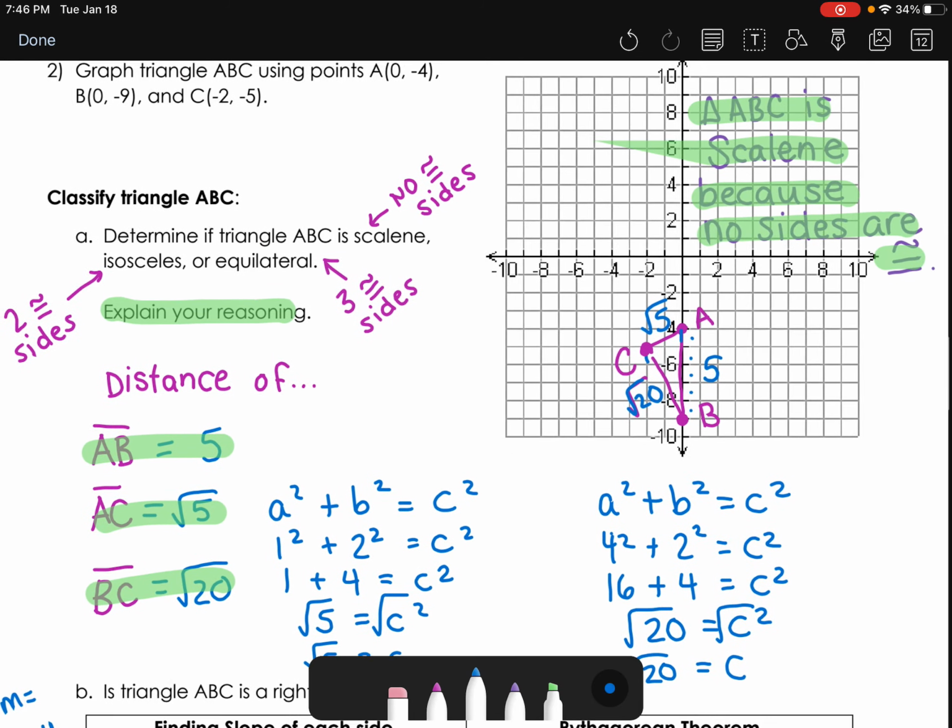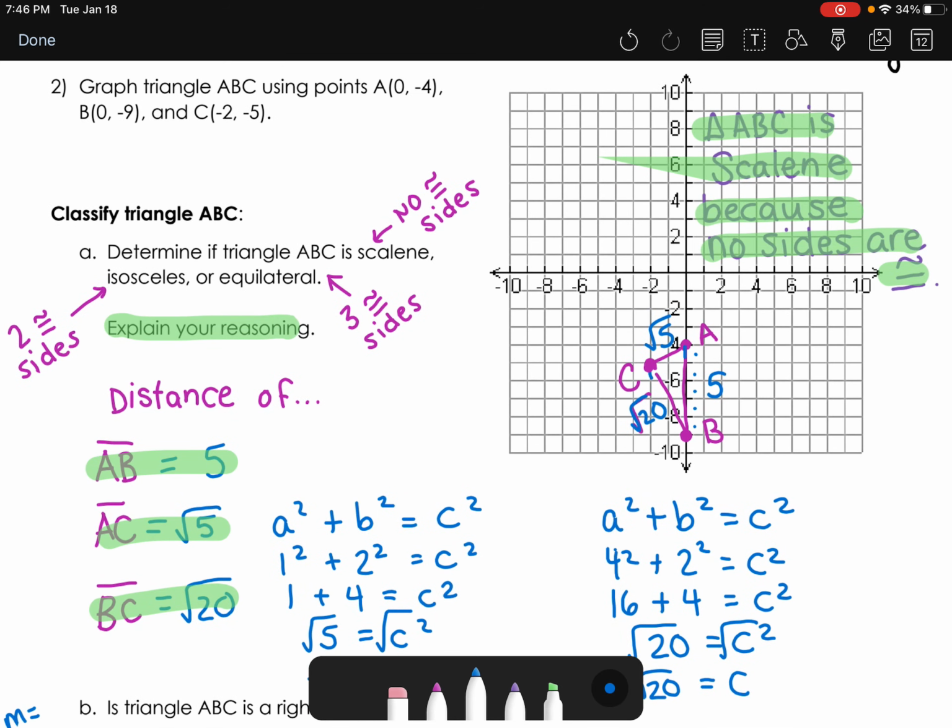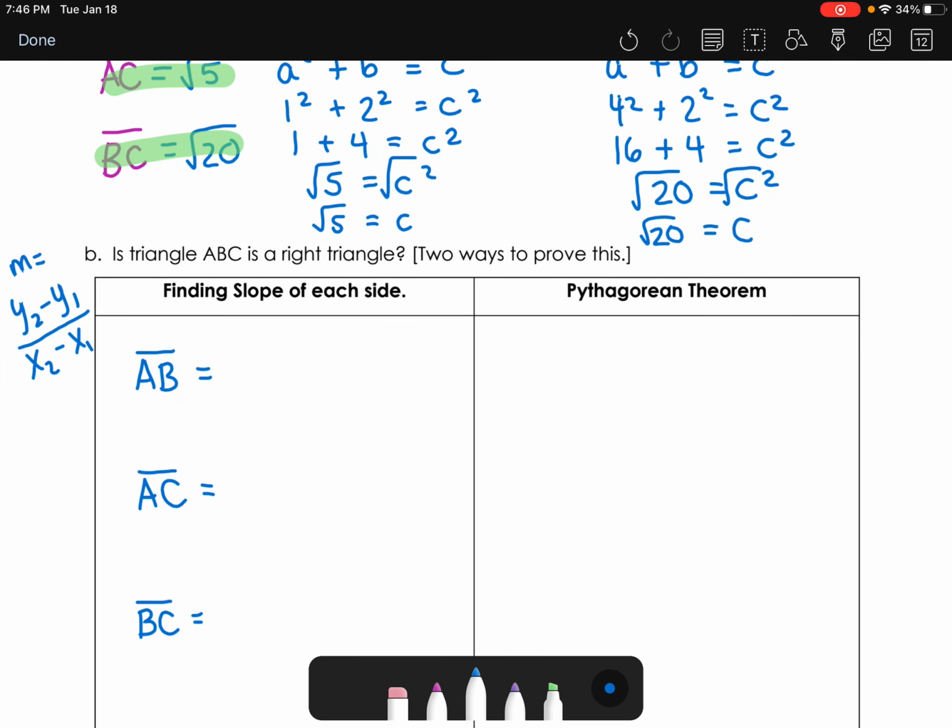I'm going to need to scroll up a little bit to see the points for A and B. All right, I'm just going to write xy for now. This will be the 2, these will be the 1s. All right, so -9 minus a -4, and then 0 minus 0.